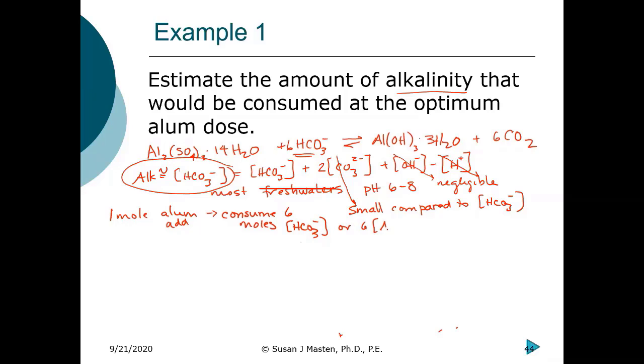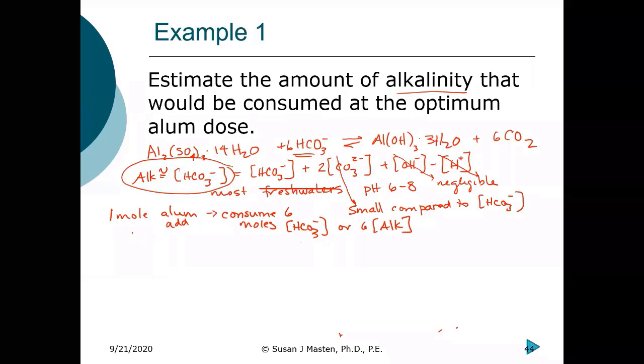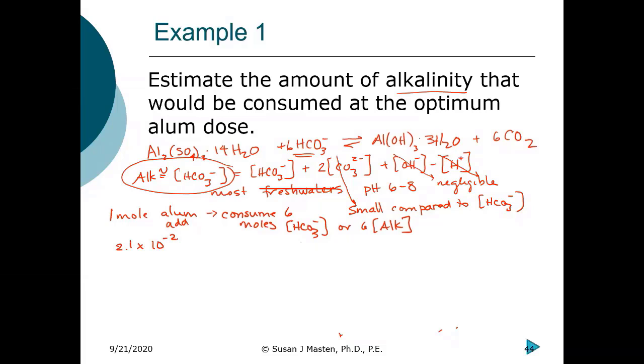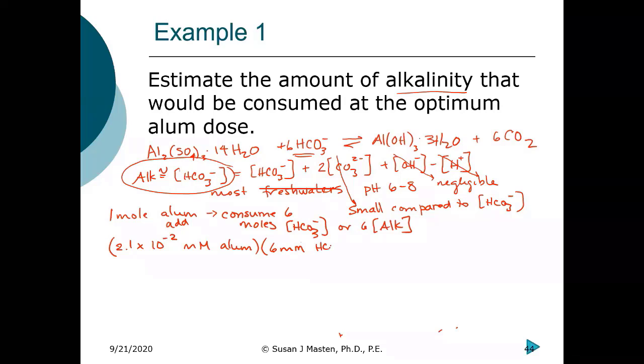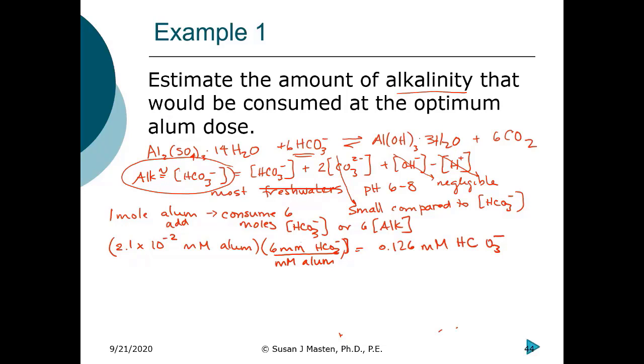We previously calculated that we were adding 2.1 times 10 to the minus 2 millimoles of alum. And if we multiply that by 6 millimoles of bicarbonate for every 1 millimole of alum, that's just the stoichiometric ratio.